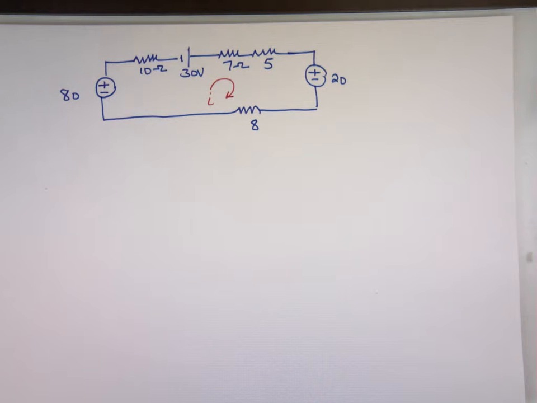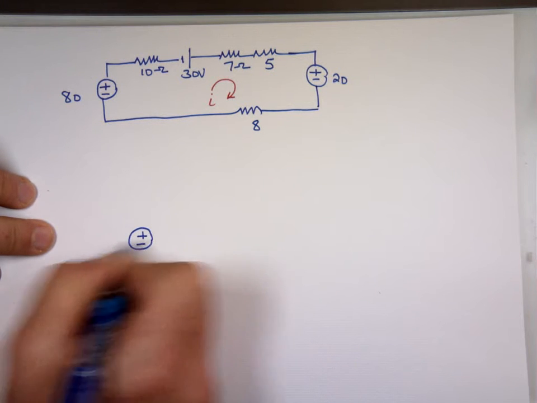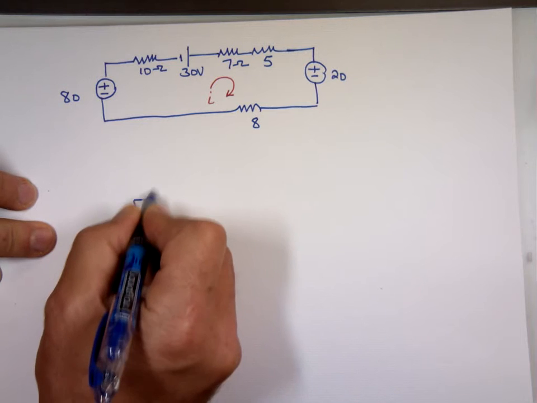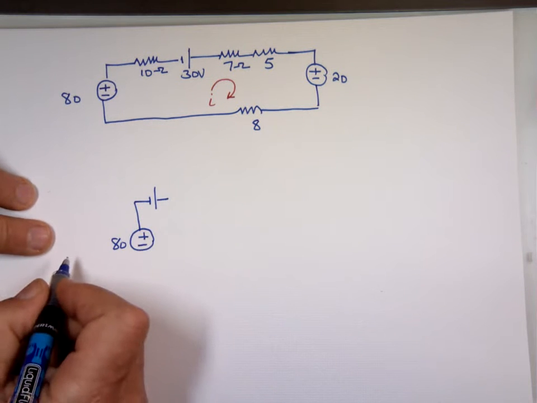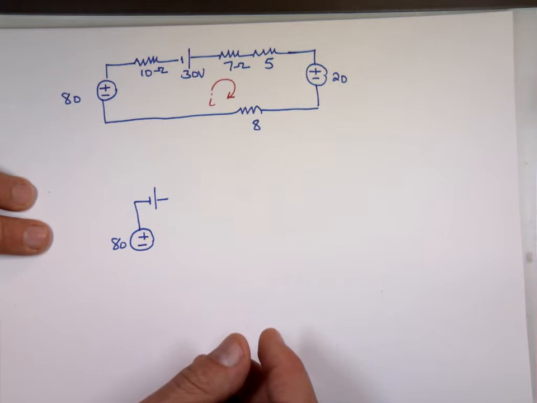Now what I'm going to do for this circuit is take all the voltage sources and put them next to each other, and all the resistors next to each other. So this is my voltage source, the first one, this one. That's the 80. By the way, when you draw it like this, which side is the positive, which side is the negative?